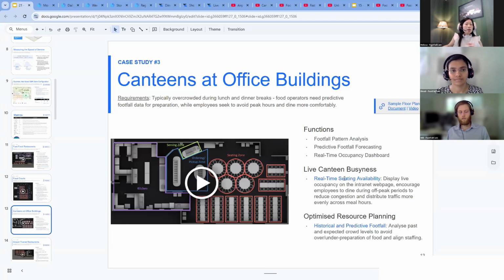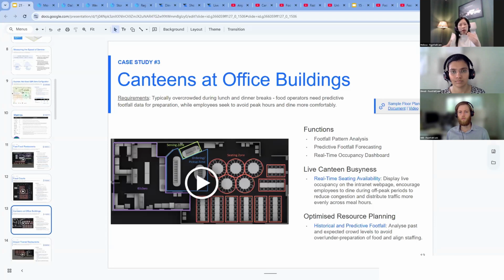Yeah. So the second, of course, is that you want to improve the resource planning, because your staff scheduling, your food preparation and your cleaning are all dependent on the traffic volume. Often you obviously use the sales data to guide planning, but that's only part of the story. What is missing is the visibility.